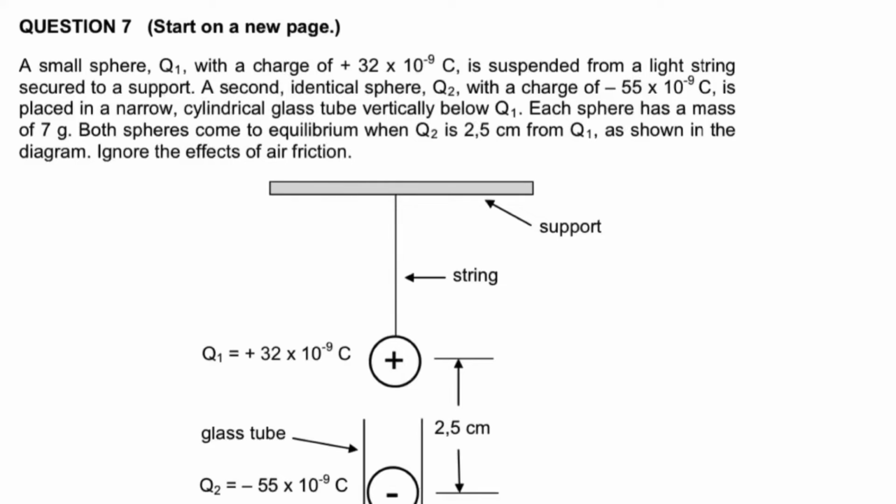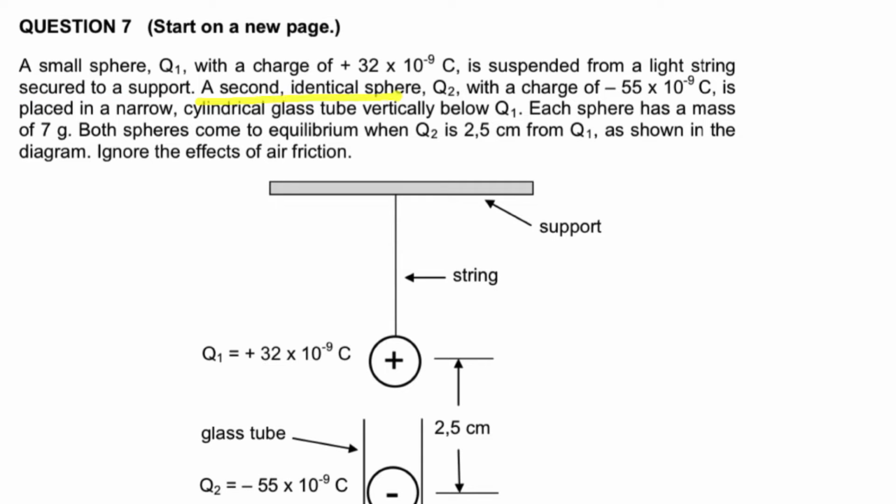Hey folks, here's another question of electrostatics. It says a small sphere Q1 with a charge of 32 nanocoulomb is suspended from a light string secured to a support.